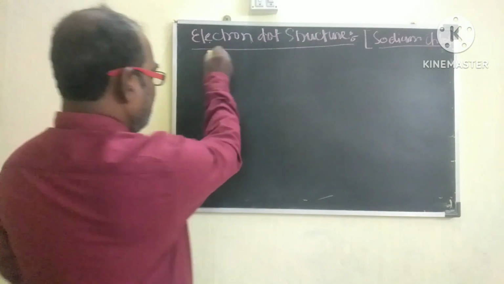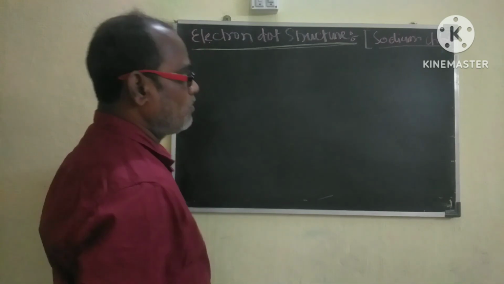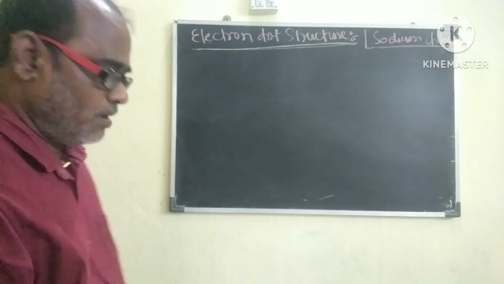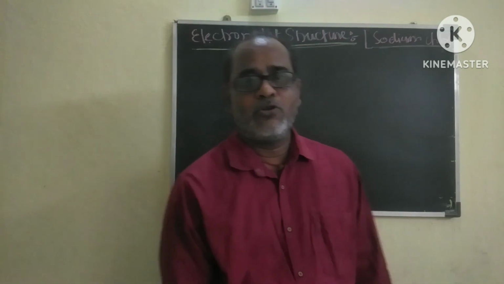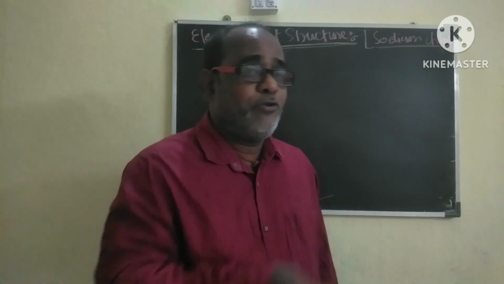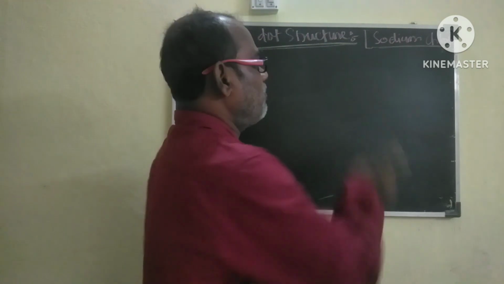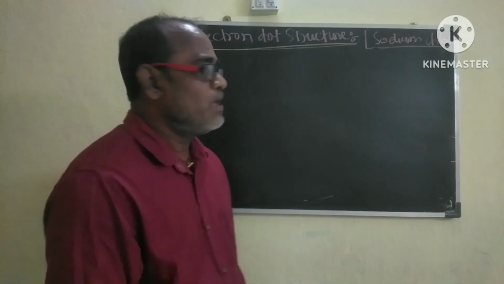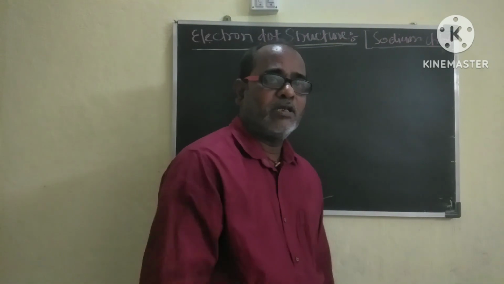Now we go with the electron dot structure of sodium chloride. So my dear students, most of you get confused about how to draw an electron dot structure. It's very simple; try to practice properly, because you always get a 1 mark question from the electron dot structure. Okay, so let us find out the electron dot structure.